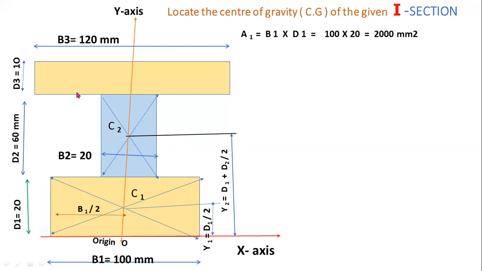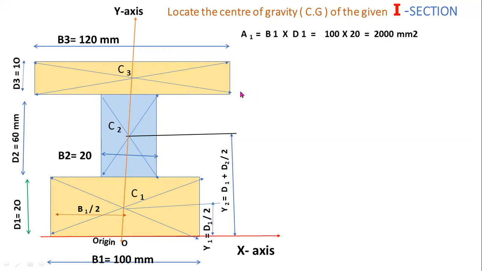Now repeat the same procedure for the top flange. Now I am drawing the diagonal lines for locating the centroid of the top flange. This intersecting point is the centroid of the top flange. Let C3 be the centroid of the top flange.